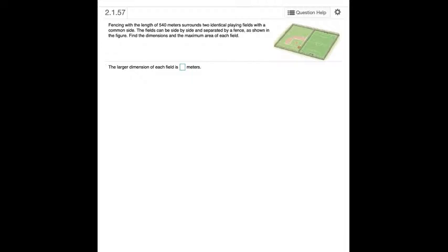So I'm just going to draw my own basic shape, draw this out on my own, just to have something I can edit. And then we have something like this.